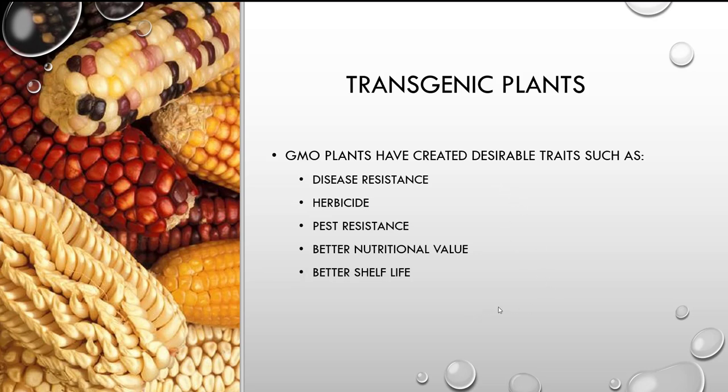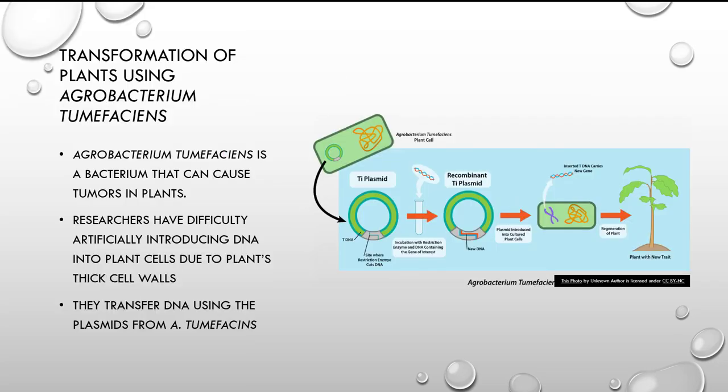So we're going to talk about three examples from your textbook of GMO plants. Okay, so the first one is transformation of plants using Agrobacterium tumefaciens. This particular example isn't really an example to produce a desirable trait.